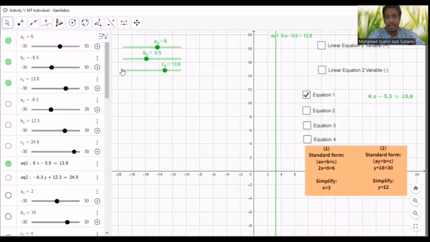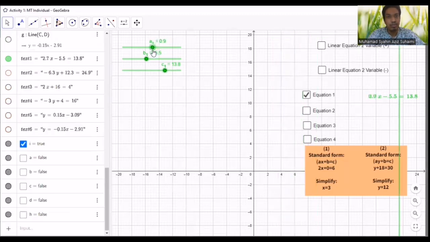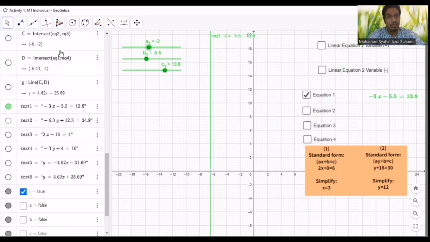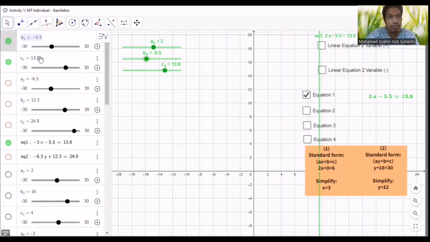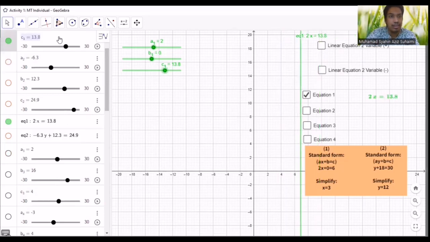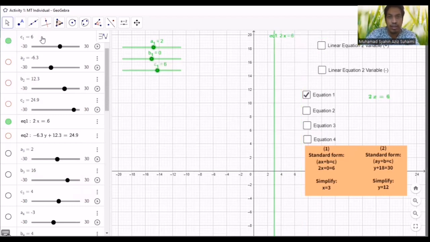So a is 2, b is 0, and c is 6. Then we will get the equation 2x equal to 6, same as this.